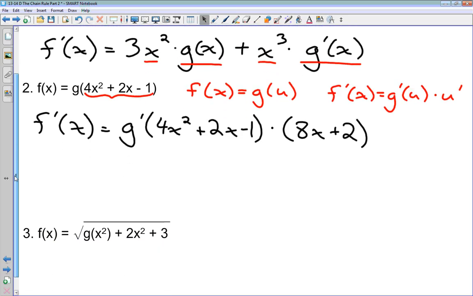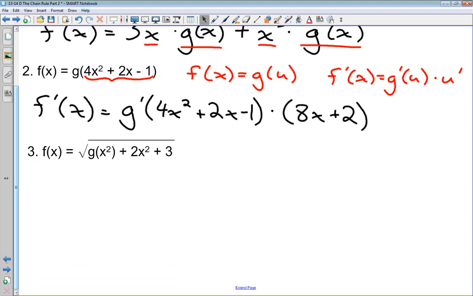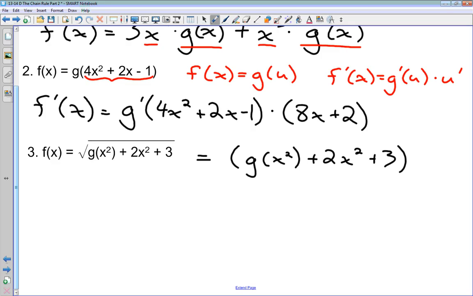So one more example of this. f of x equals the square root of g of x squared plus 2x squared plus 3. Let's rewrite this a little bit, getting rid of that square root symbol and turning it into an exponent of 1/2. So this will be g of x squared plus 2x squared plus 3, all of this to the exponent 1/2.